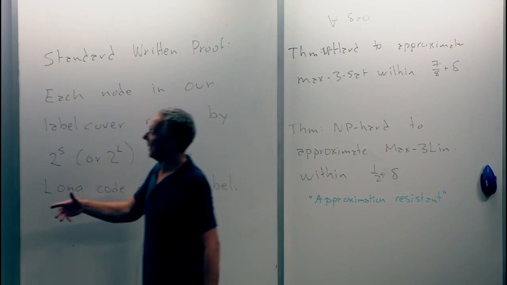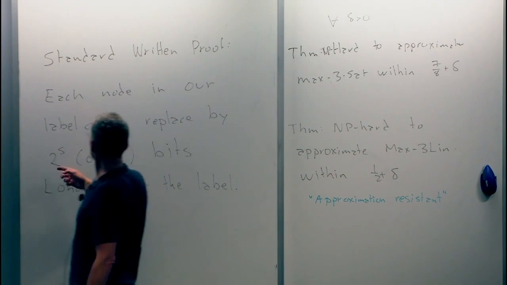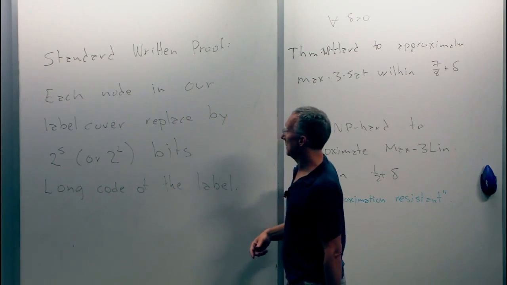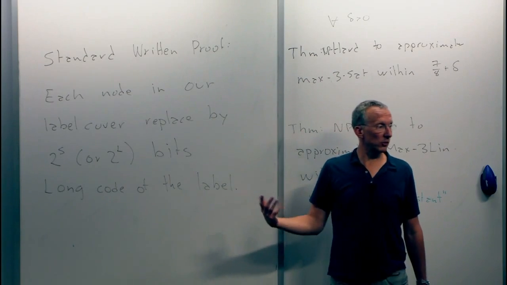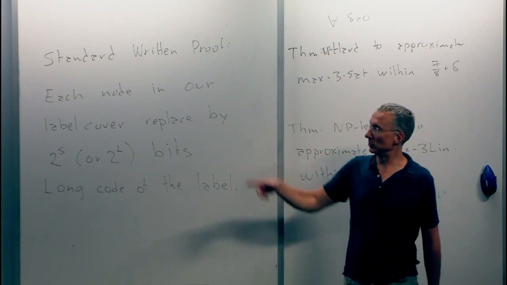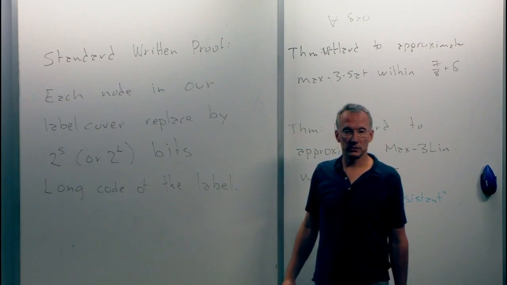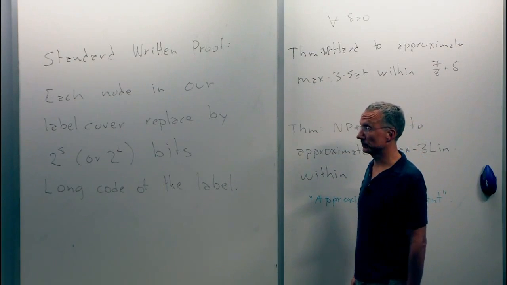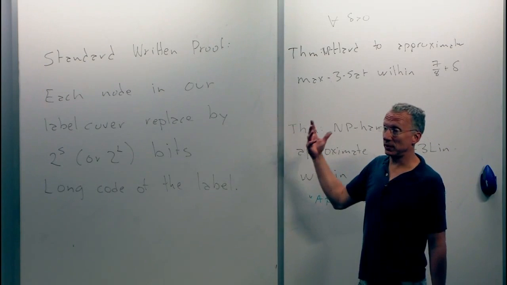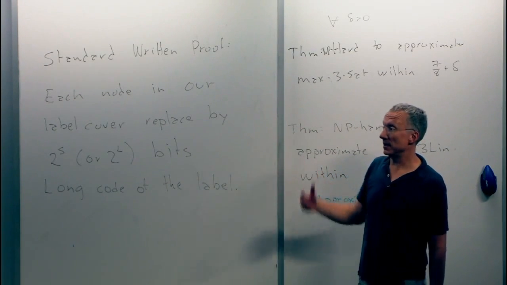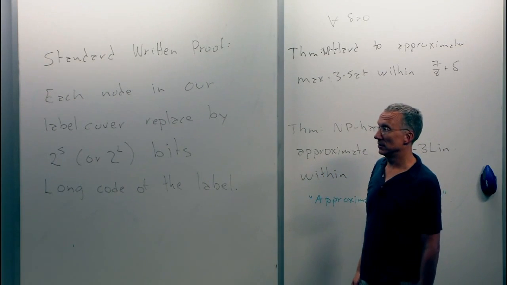So we want to replace it there by exponentially many bits, and it should be the long code of the corresponding label. We'll define the long code over there. Okay. And the name of the game now is to check this standard written proof by cleverly asking questions in it.